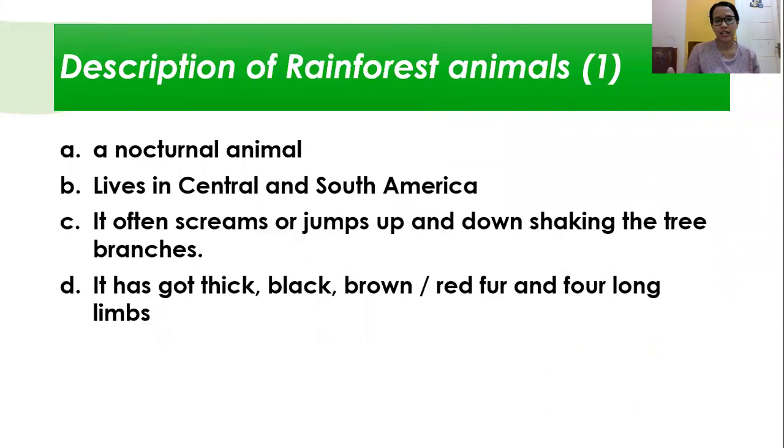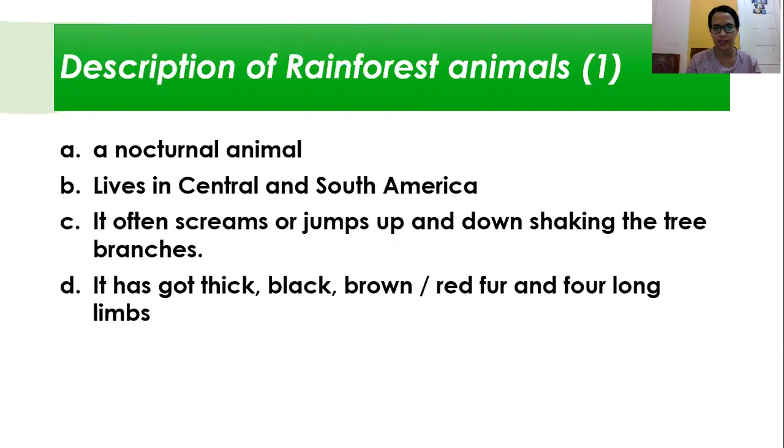Now let's move to description of rainforest animals. You have done this in unit test 1. Maybe you can check again how you did your review, and you may also read again some animals that are not included in here. Okay, these are the following descriptions.